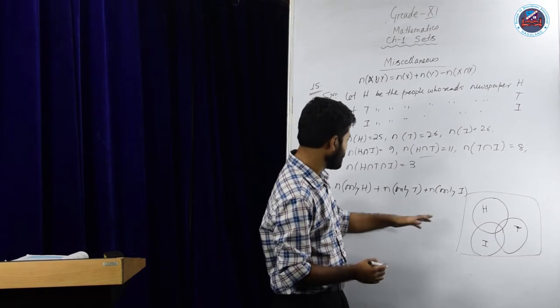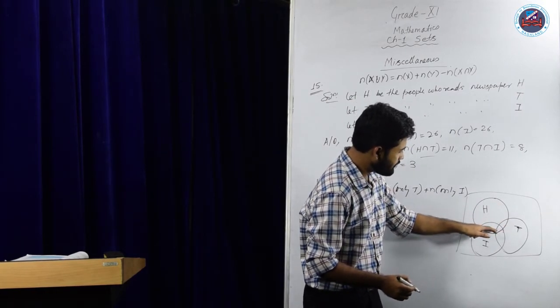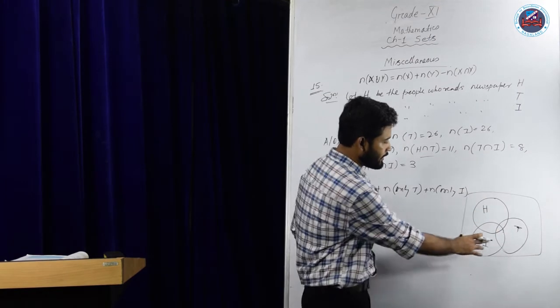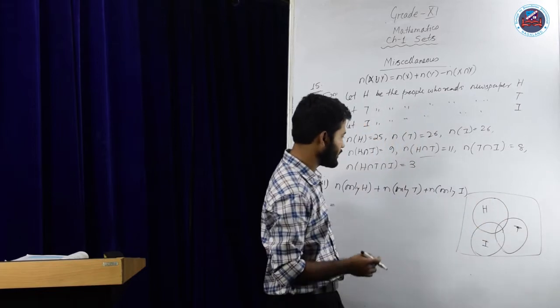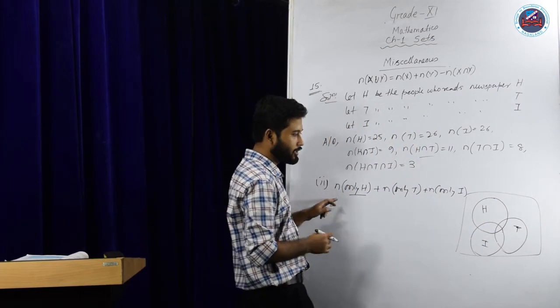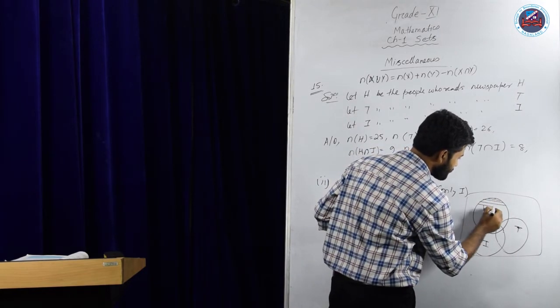So here, these number of people are reading newspaper H, they are reading newspaper I, and they are reading newspaper T. So if I want to take only H, the persons who are reading only H, what will that be? This particular area.